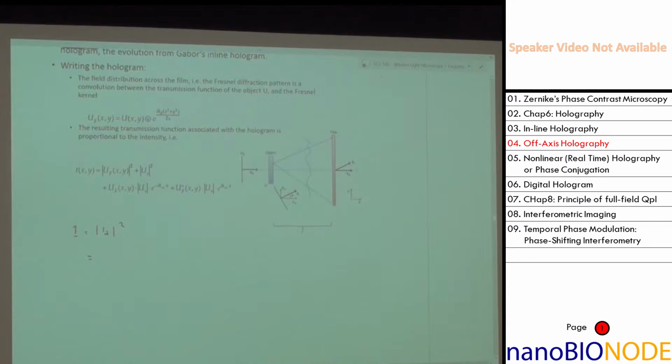It will be U Fresnel, which is the field of interest to me, plus a reference, UR, magnitude squared. So this is the intensity of one, the intensity of the other, this times that conjugate, and this conjugate times that.